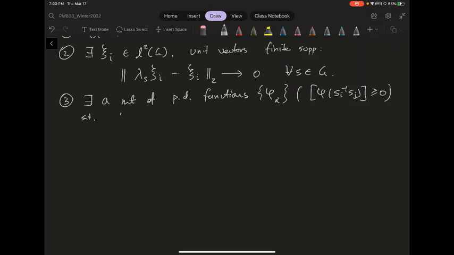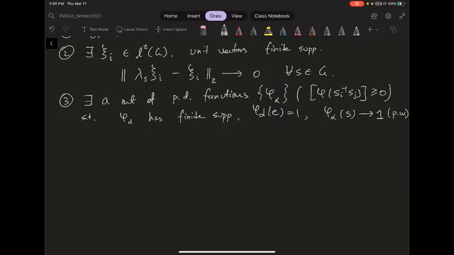First of all, the phi alpha have finite support. Moreover, they are unital: if you evaluate at the identity, it equals 1. And also, if you fix every element s, the net converges to 1. So that's pointwise: these positive definite functions are converging to 1 in the pointwise sense.